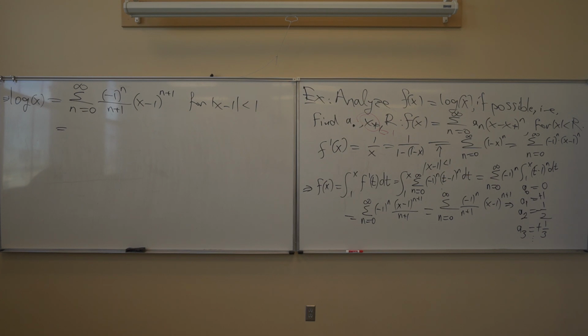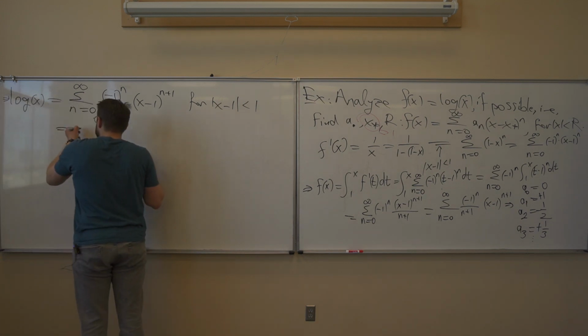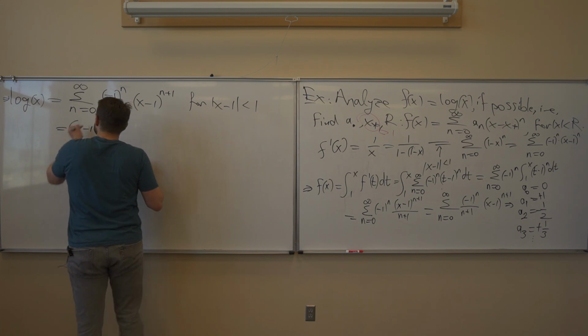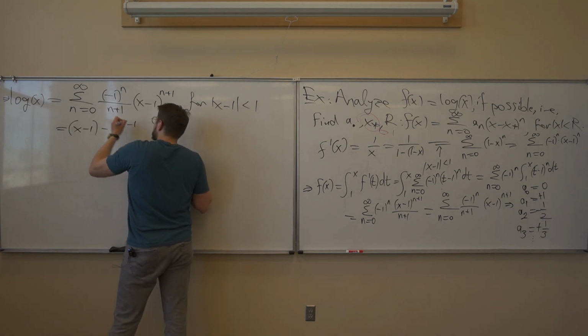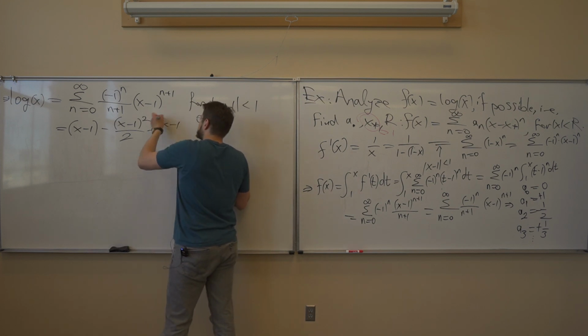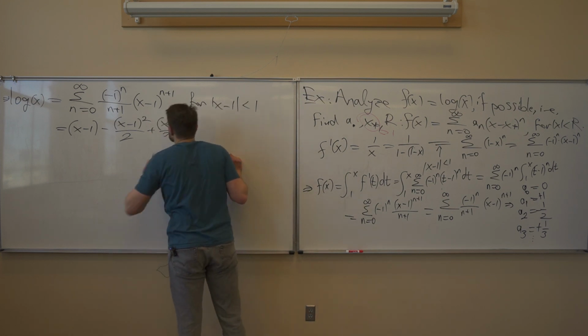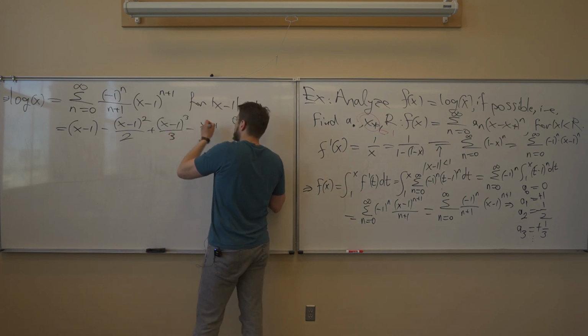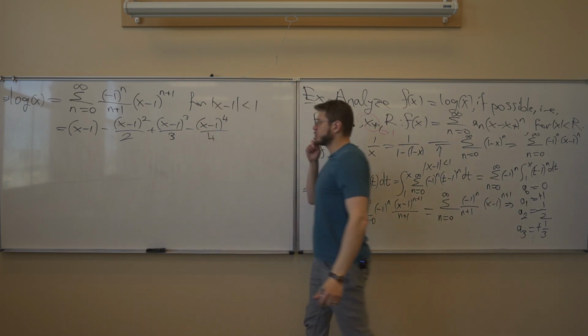No, that's correct. OK. So now this is like this: x minus 1 minus (x minus 1) squared divided by 2 plus (x minus 1) cubed divided by 3 minus, and then plus, minus, and so on, it goes on.